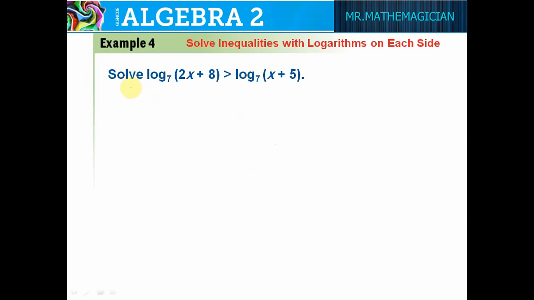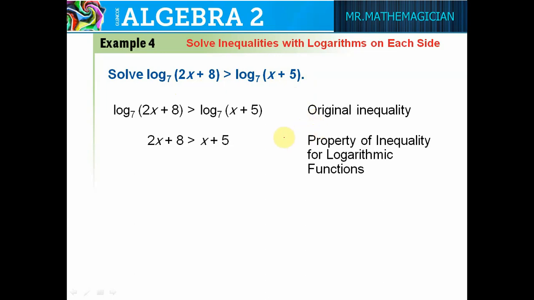So we are solving now this example. Solve log 2x plus 8 to the base 7 is greater than log x plus 5 also to the base 7. So according to the property of inequality, we can cancel log base 7 with log base 7. So 2x plus 8 will be bigger than x plus 5.